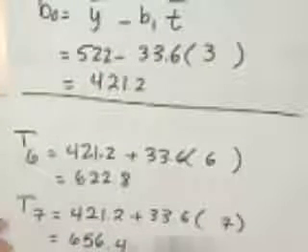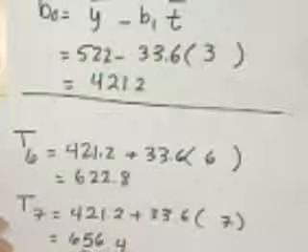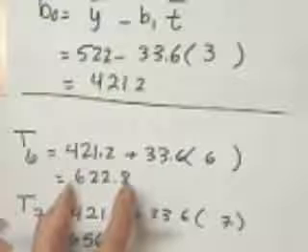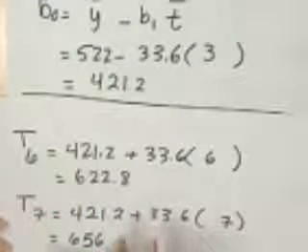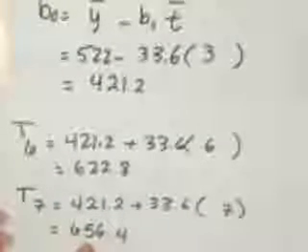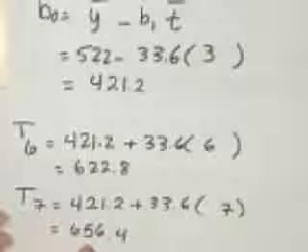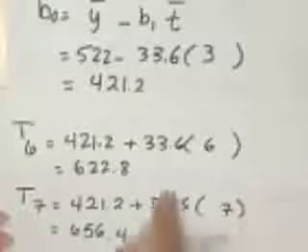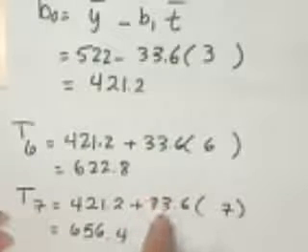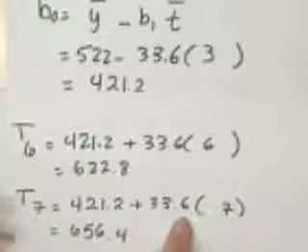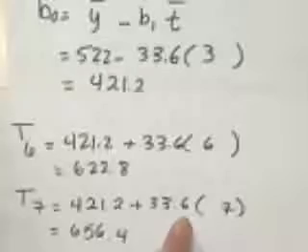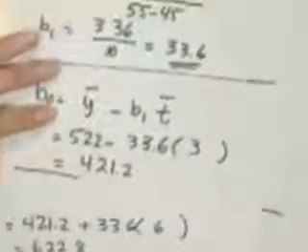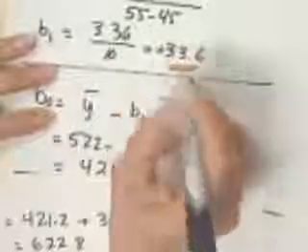And another way of getting this could have been that I could have added 622.8 and 33.6 together to get this new number. And essentially I'm saying for every time that goes by, I can expect an average increase of 33.6.